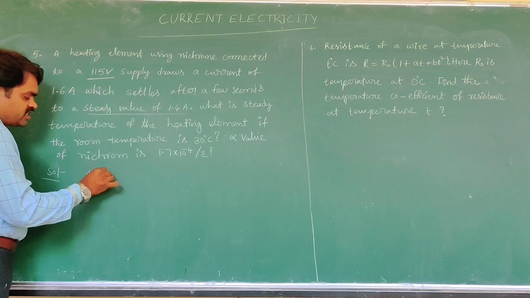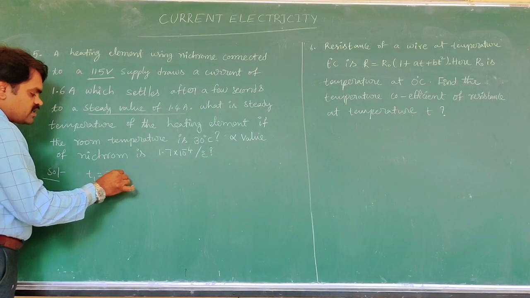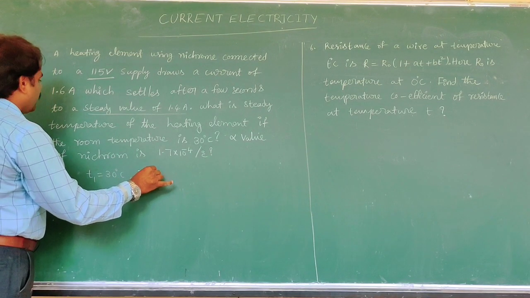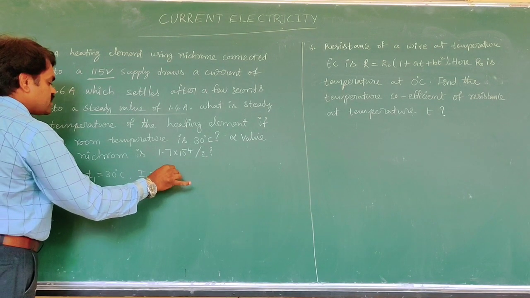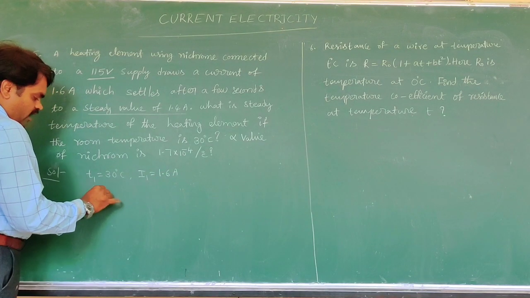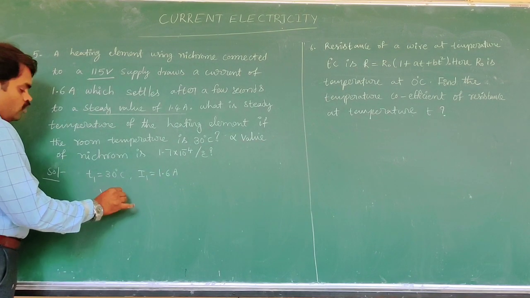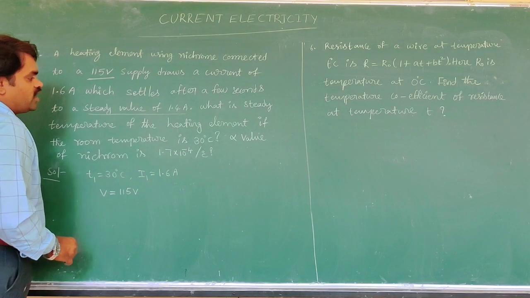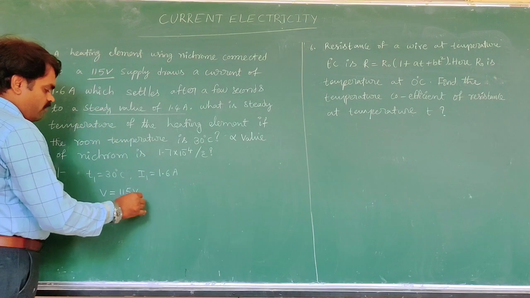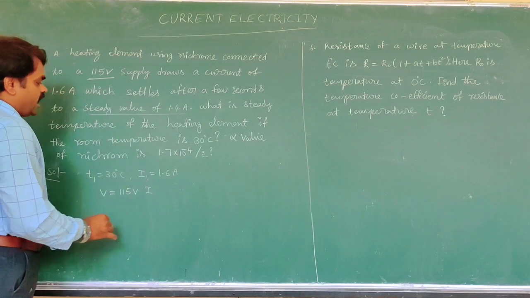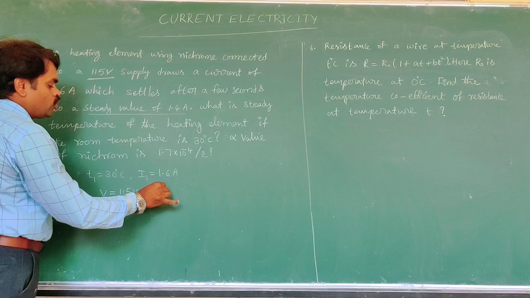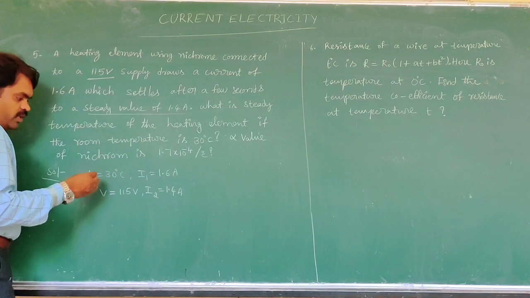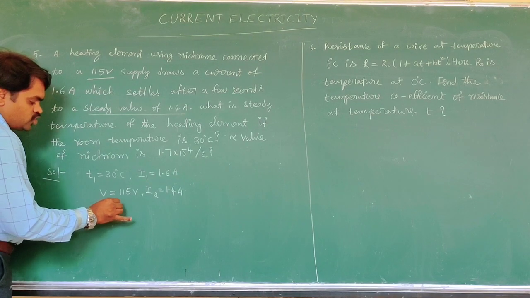T1 is equal to, we consider 0 degrees Celsius. Now current at room temperature I1 is what they gave, 1.6 amperes. The power supply or potential they gave is 115 volts, and the steady current I2 is equal to 1.4 amperes at the temperature we consider as T2.